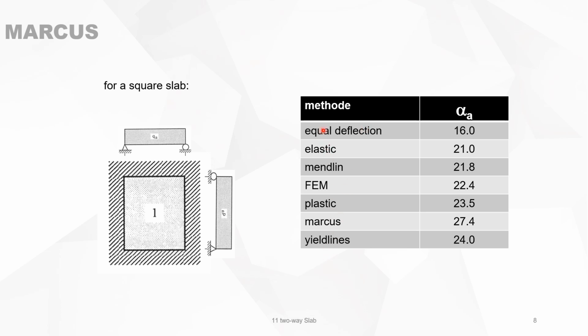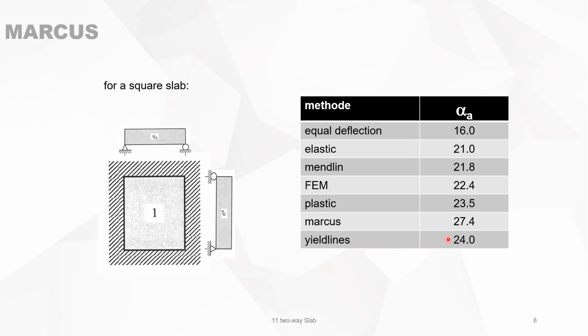Equal deflection is a lower bound method and yield lines is an upper bound method. Because we do not have specific mathematical formulas for calculating slabs, we have to make approximations. And each method has its own approximations with its own advantages and disadvantages. So you must be careful when using a method of calculating the bending moments.